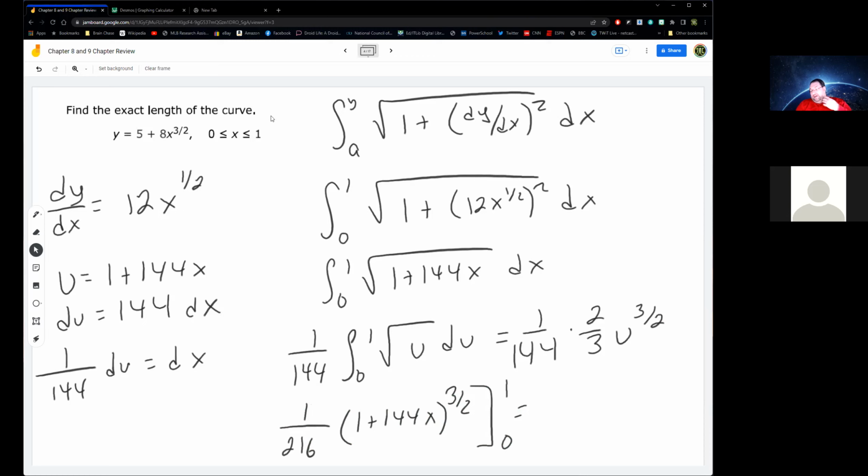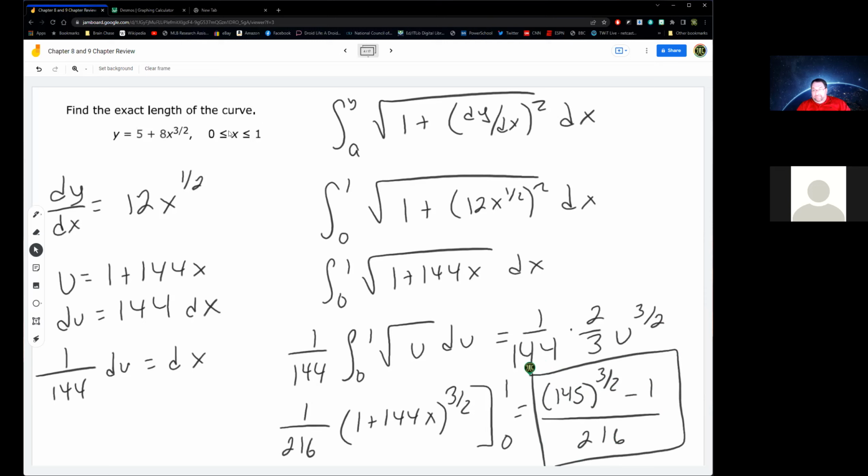The 0 is going to be just 1. When I plug in the 1, I get 145. So it's 145 to the 3/2 minus 1, all over 216. I know that's not the way they write the answer, but they'll take it.